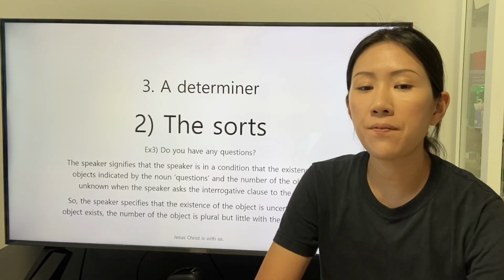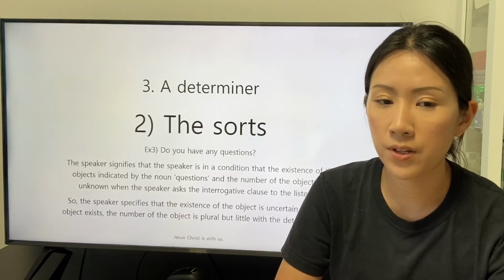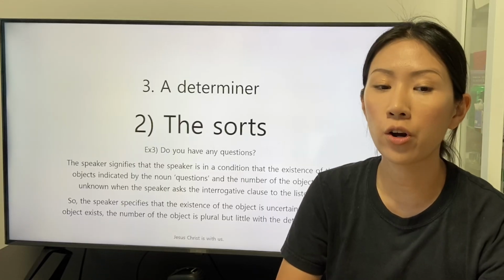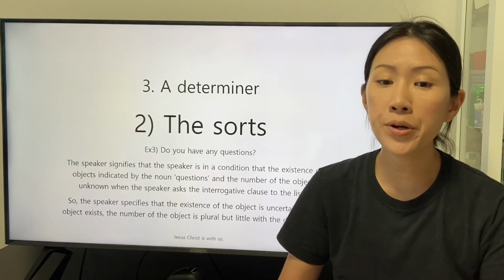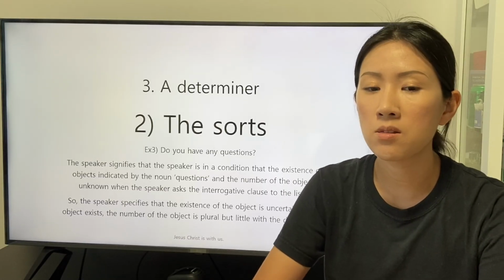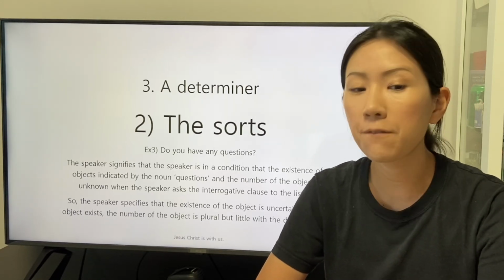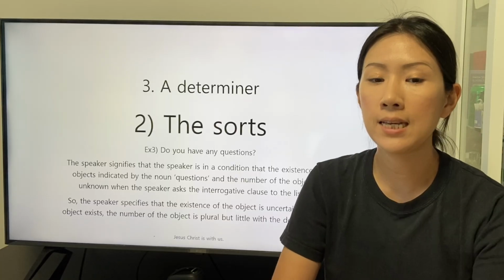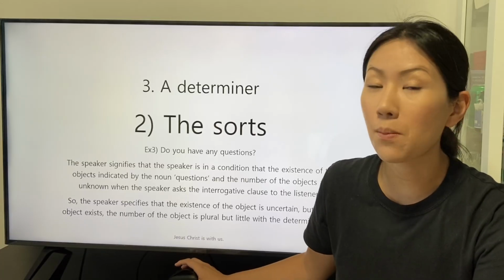The speaker signifies that the speaker is in a condition that the existence of the object indicated by the noun questions and the number of the object are unknown yet when the speaker asks the interrogative clause to the listeners. So the speaker specifies that the existence of the object is uncertain, but if the object exists, the number of the object is plural but little with the determiner any.